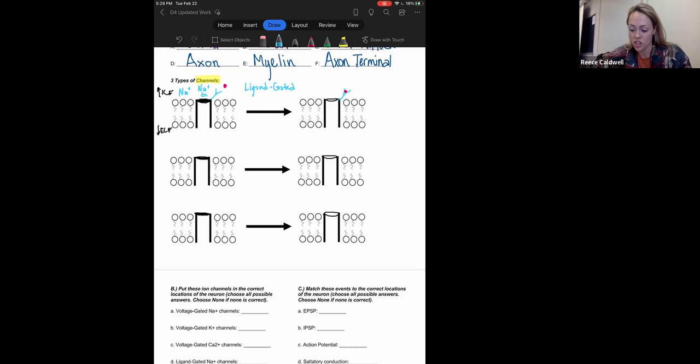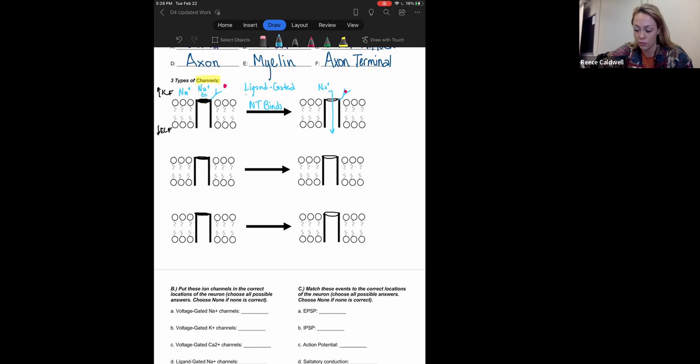So ligand-gated channels work by neurotransmitter binding. When a neurotransmitter binds, that ligand-gated channel will open, and therefore sodium can move into the cell. So that's how our ligand-gated channels open.